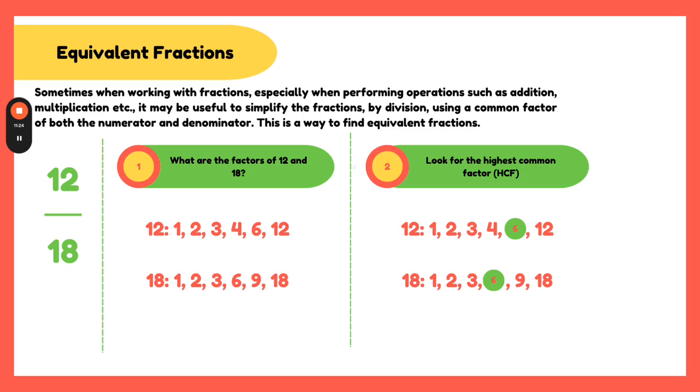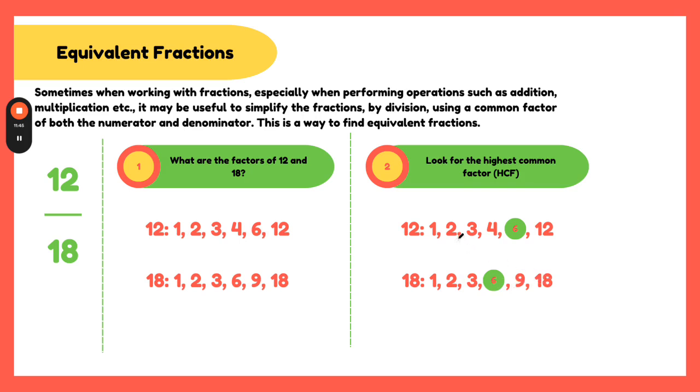If we look at our lists of factors, for 12 we have 1, 2, 3, 4, 6, and 12. And for 18, we have 1, 2, 3, 6, 9, and 18.